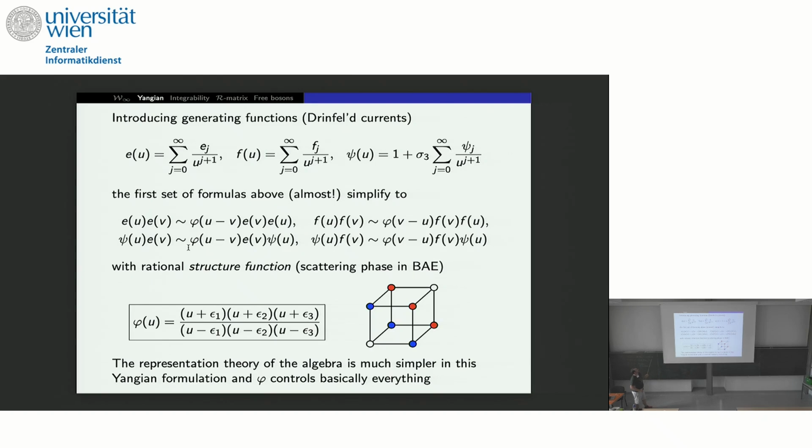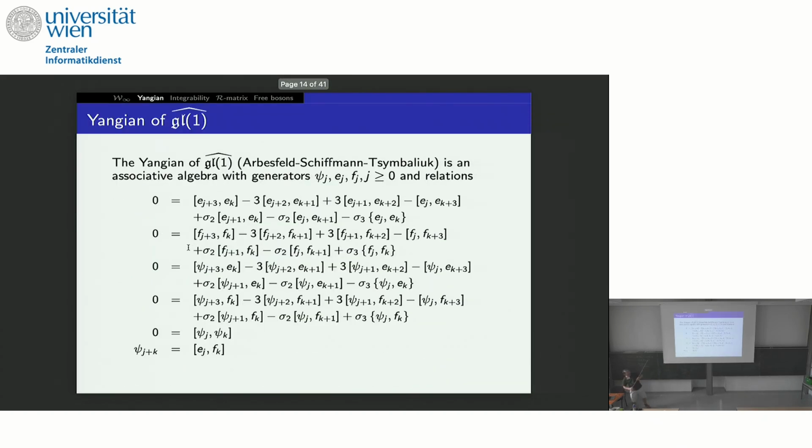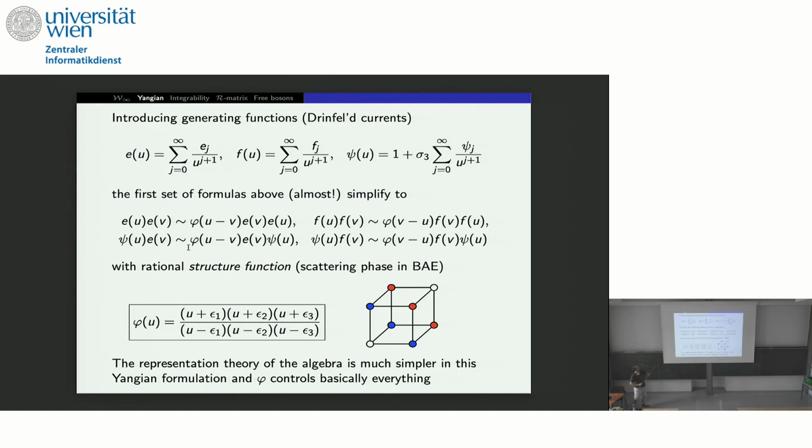Sometimes people call them Drinfeld currents. Then the main part of the algebra, all these 4 long relations, can be written as exchange relations. If I have the Drinfeld currents E(u), E(v), and I exchange them, they are equal up to multiplication by this structure function phi.